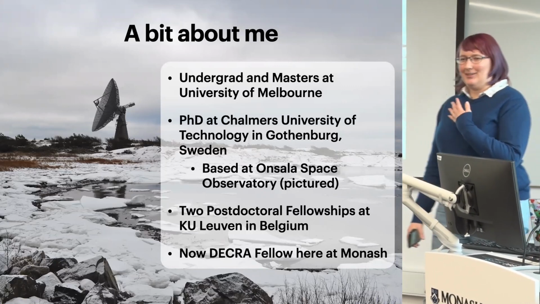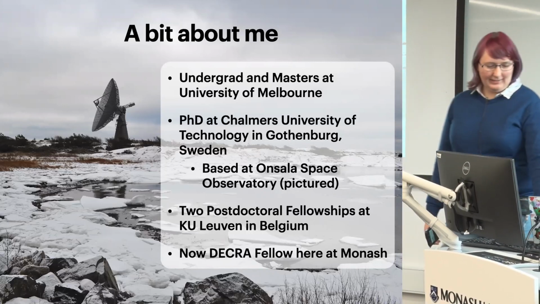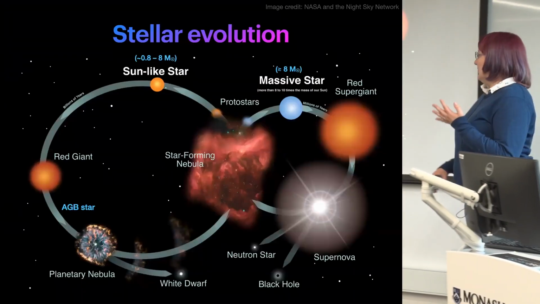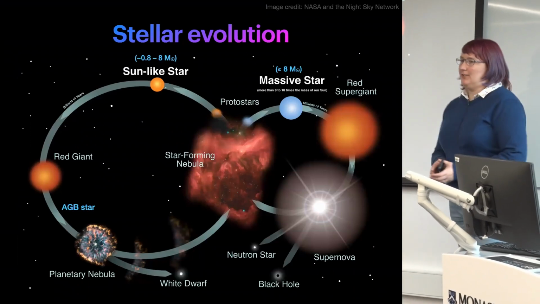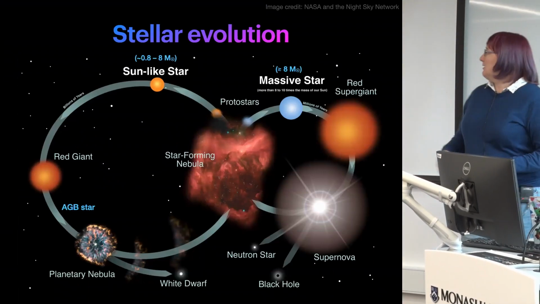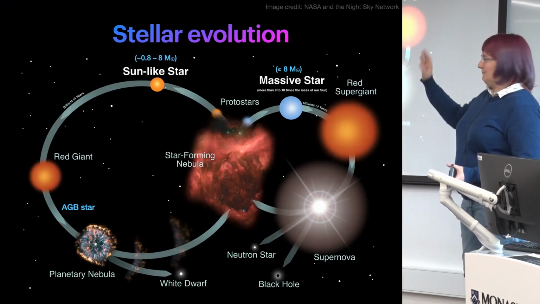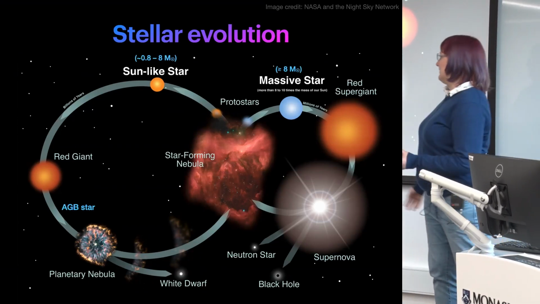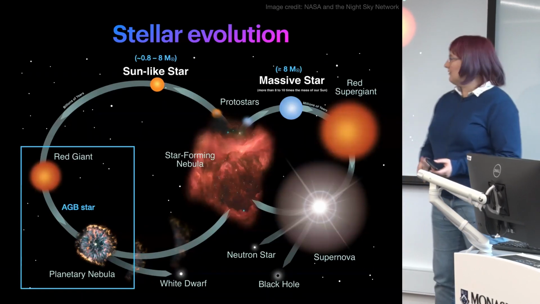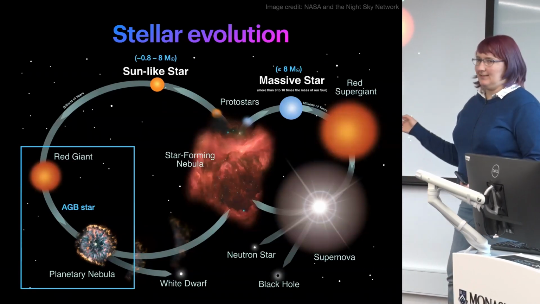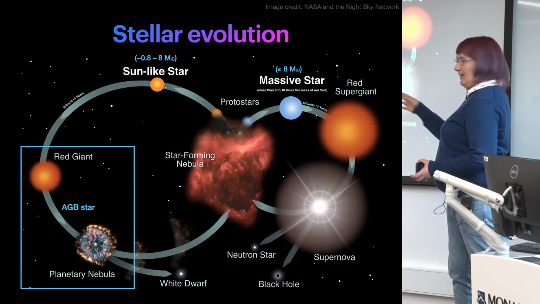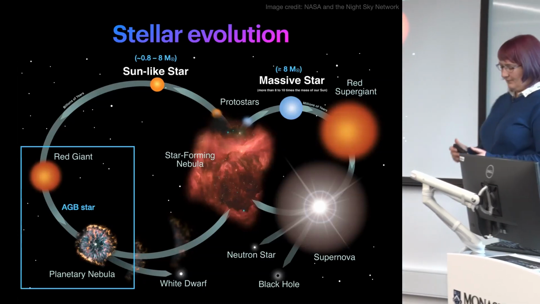Anyway, I work on evolved stars and mainly low and intermediate mass stars. So in this general idea of stellar evolution, we've got the massive stars that become supernovae and the less massive sun-like stars, which turn into red giant branch and AGB stars. And it's mainly the AGB stars that I study.